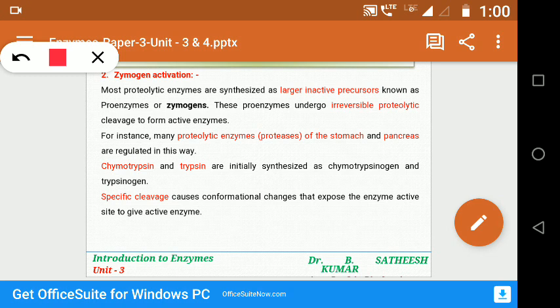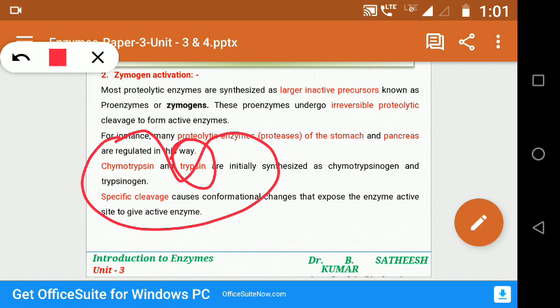This trypsin is initially synthesized in the form of a zymogen, known as trypsinogen or protrypsin. Suppose this is the trypsin and this is the active site of the trypsin. This active site will bind the protein molecules and split the peptide bond between specific amino acids.